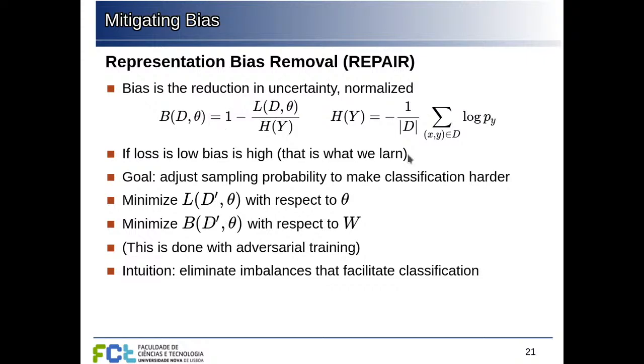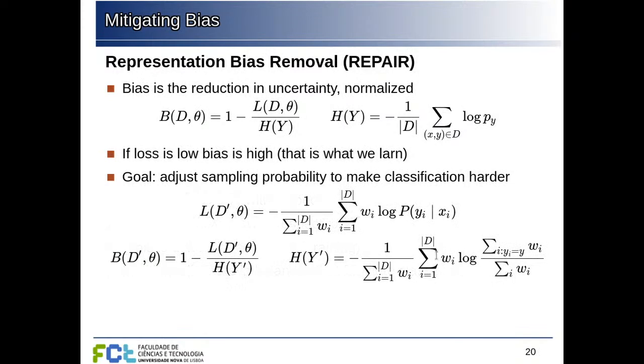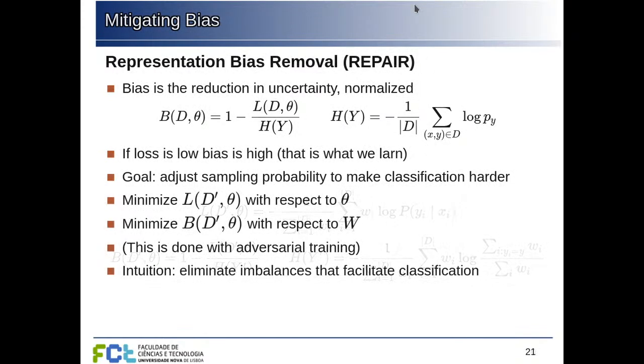But we're going to do this with respect to the vector of all these weights we are giving to the examples. So the intuition here is that everything that facilitates classification because of the way the data is distributed, because this example appears more often and the other appears less often, will tend to be eliminated as we are minimizing the bias with respect to the weights.